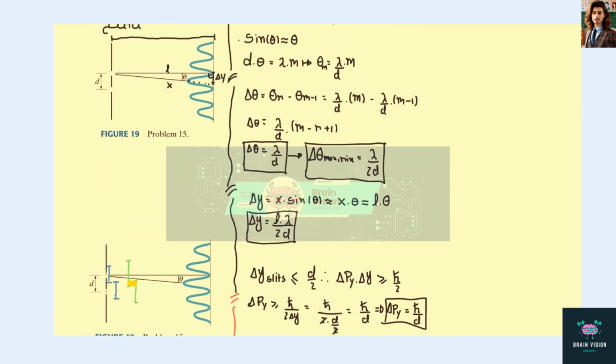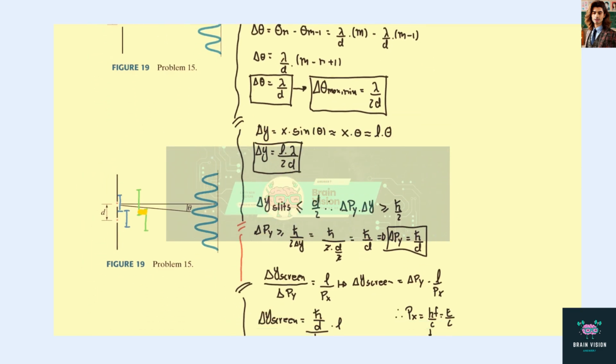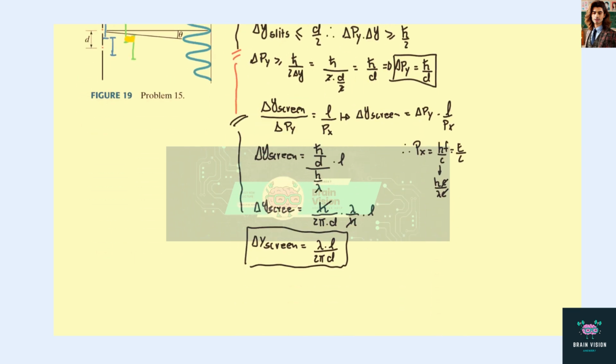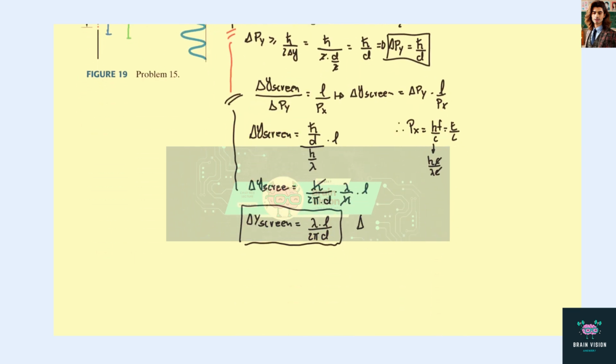We had calculated what is the distance between a minimum and a maximum. And this distance is given by L times lambda divided by 2 times d. So delta y is equal to L times lambda divided by 2 times d. Now note that delta y is approximately, so it's almost equal to delta y screen.